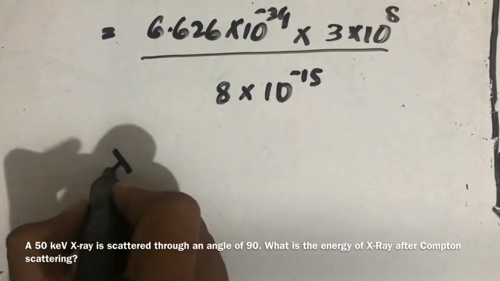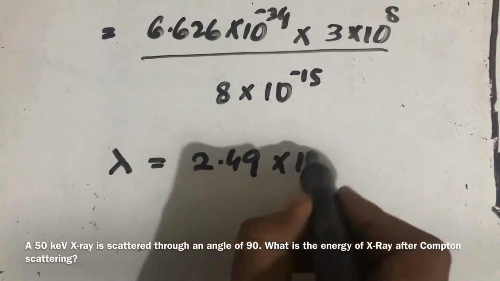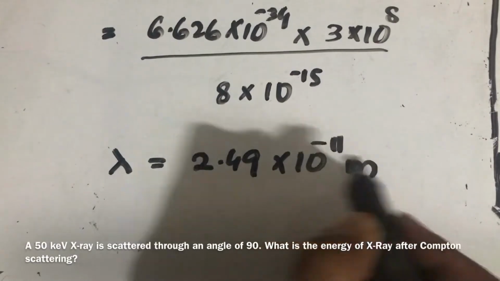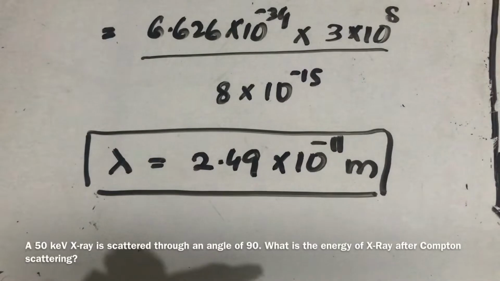We will get lambda as 2.49 × 10^-11 meter. So this is the lambda before scattering.